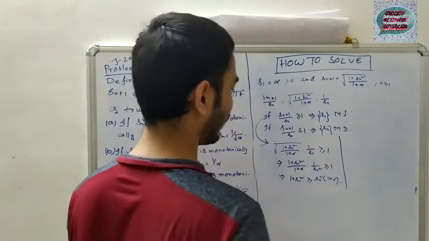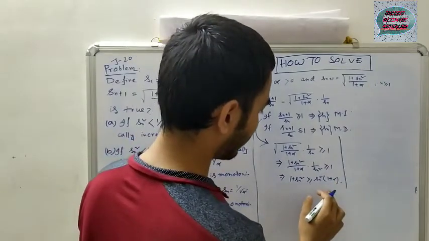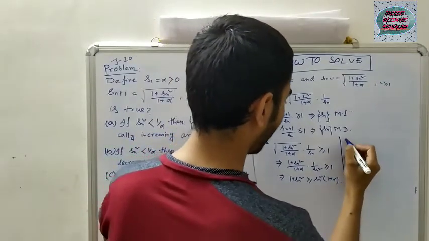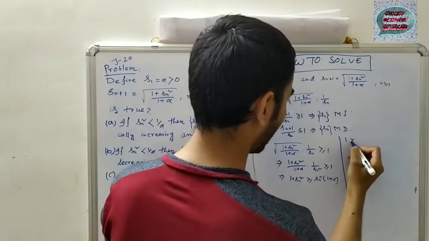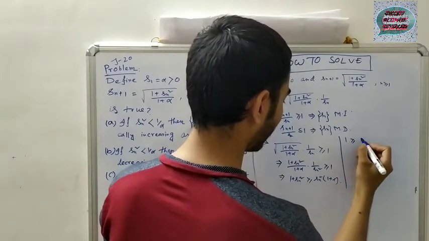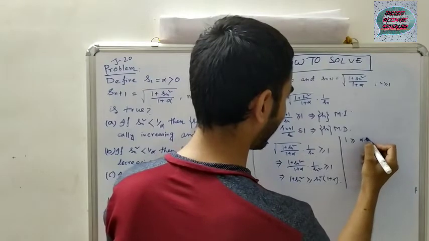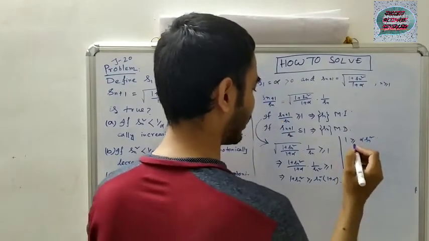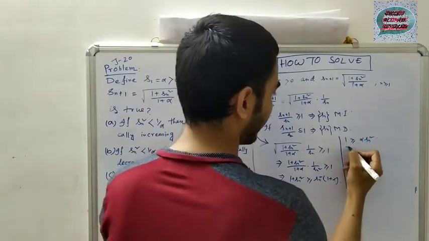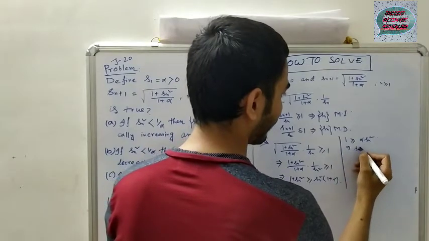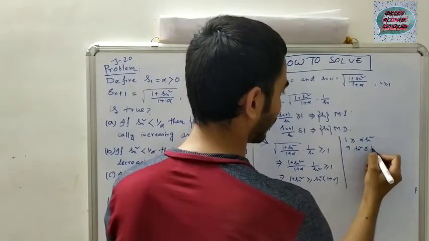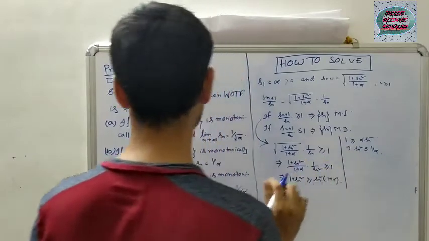Okay, so we find 1 greater or equal to alpha into Sn square. Clear? Okay, so that gives Sn square less or equal to 1 by alpha.